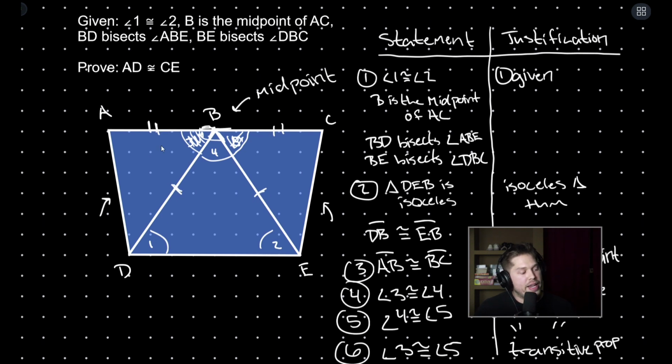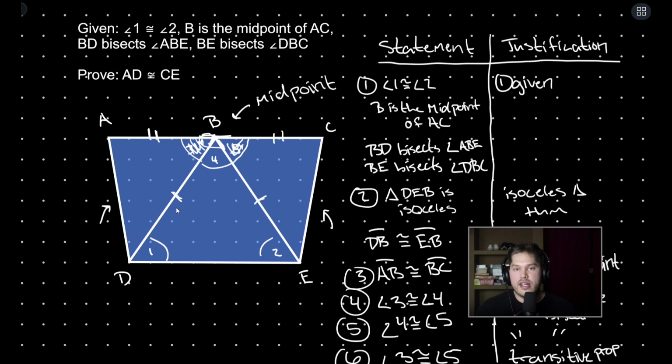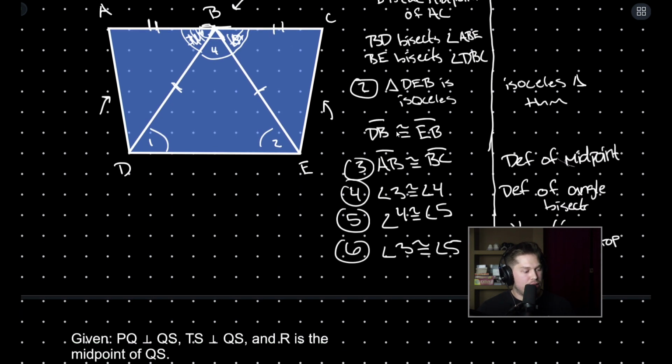So by side angle side postulate, we can say that our triangle on the left is congruent to our triangle on the right. And then because congruent parts of congruent triangles are congruent, we can say that AD is congruent to CE. So let's write those last two lines.